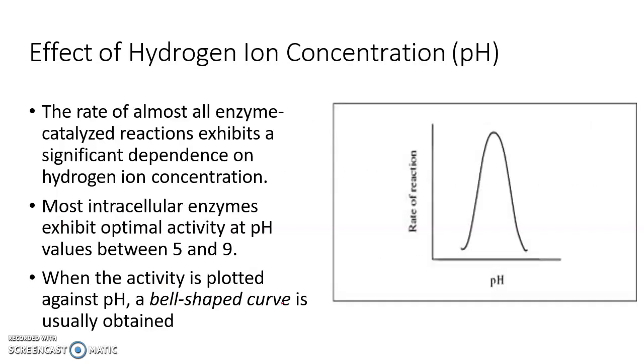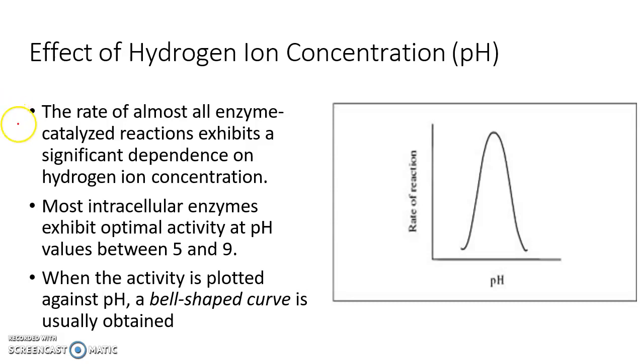Next one, let's come to know about pH. So what is pH here? It is nothing but hydrogen ion concentration. For example, some of the enzymes are highly active at a particular pH, either an acidic environment, an alkaline environment, or a basic environment.